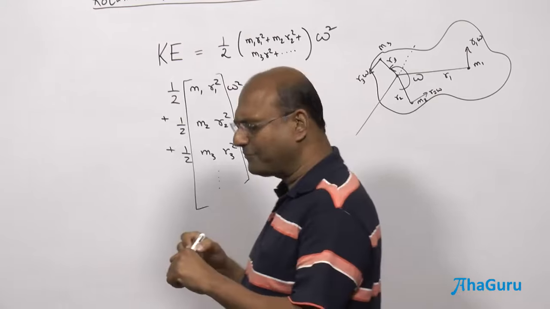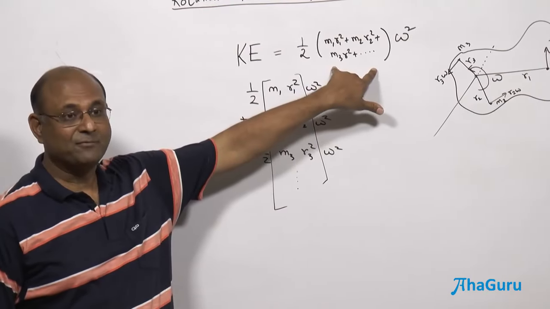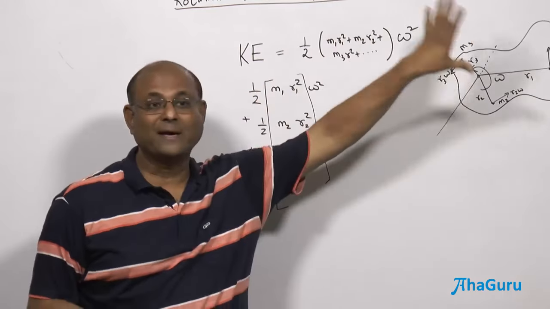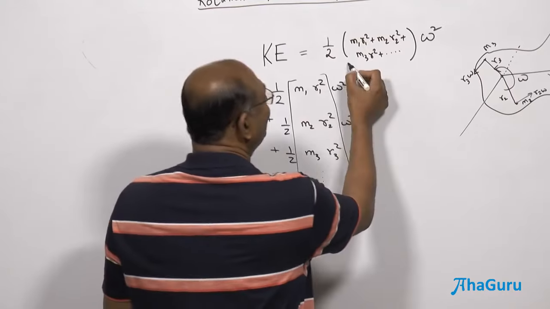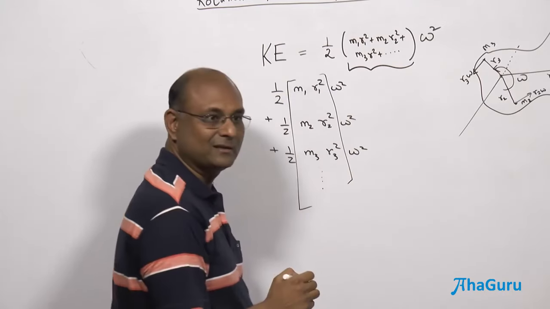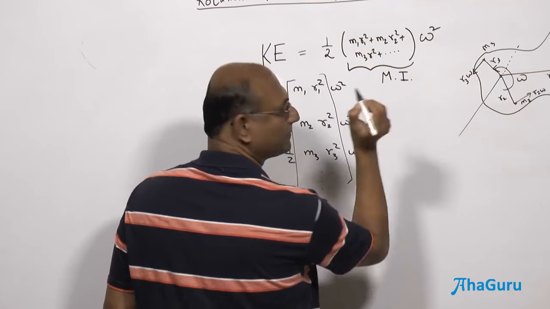This looks like half mv square, except it is half something into omega square. Omega is angular velocity. This is the equivalent of mass, and we call this moment of inertia.